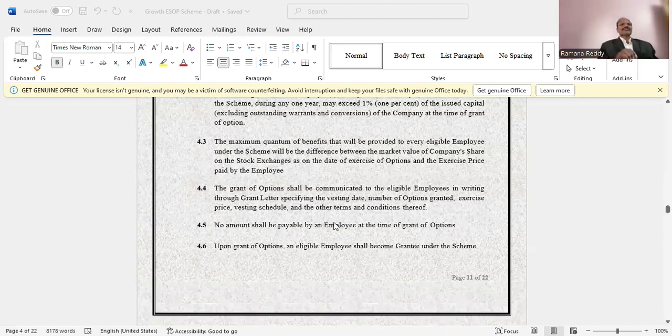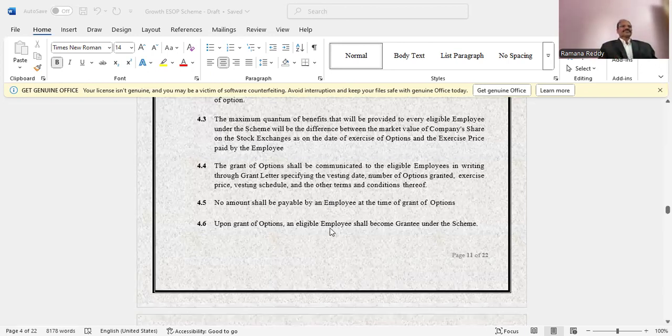So the grant of options shall be communicated to the eligible employee in writing through a grant letter, specifying full details, vesting date, number of options granted, the exercise price, and vesting schedule, and other terms and conditions thereof. So all the details will be given in the grant letter.